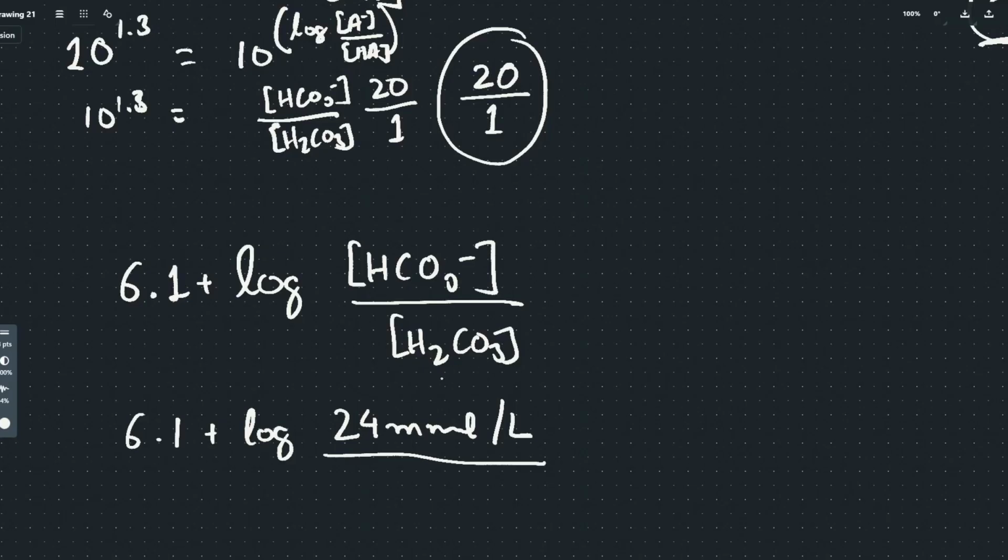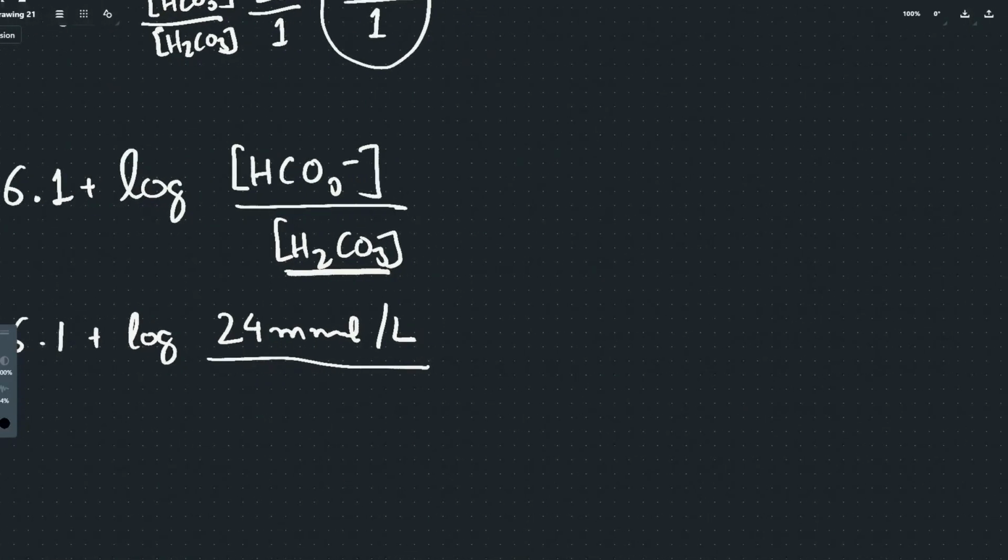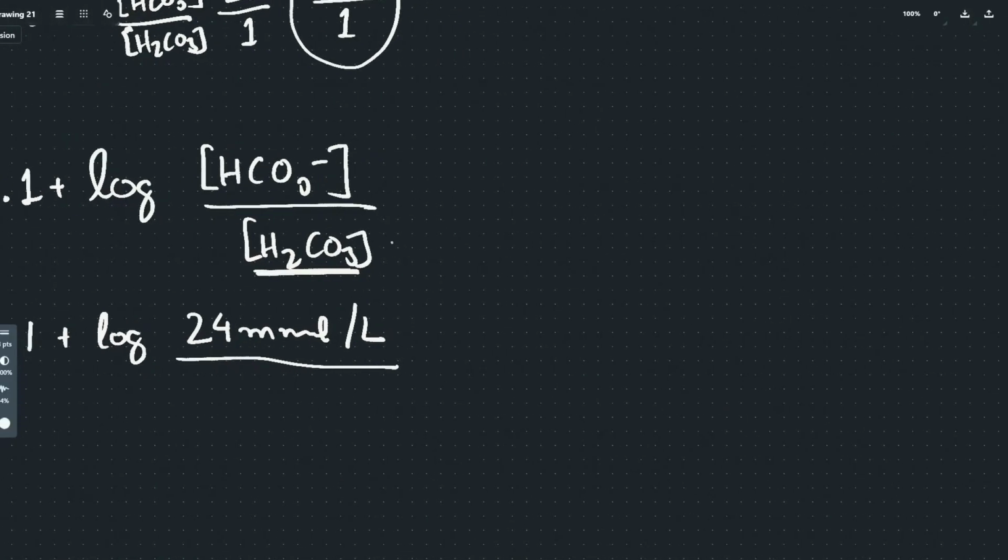We can calculate it indirectly, but you cannot take an ABG, an arterial blood gas sample, send it to the lab and get this value directly. How can we indirectly calculate it?